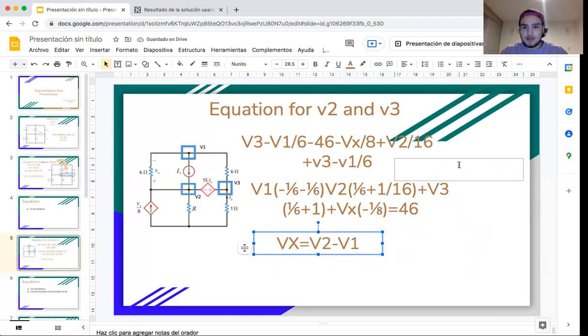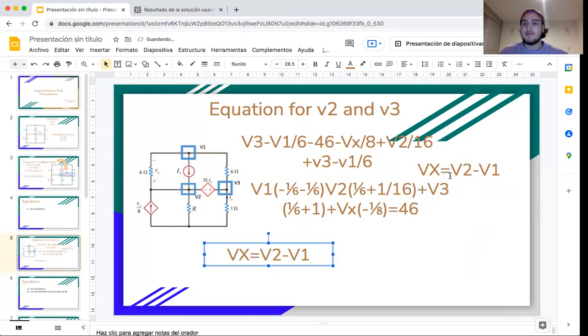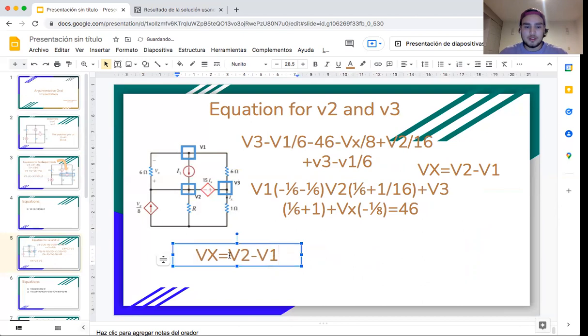I'm going to use this formula to substitute Vx into here.